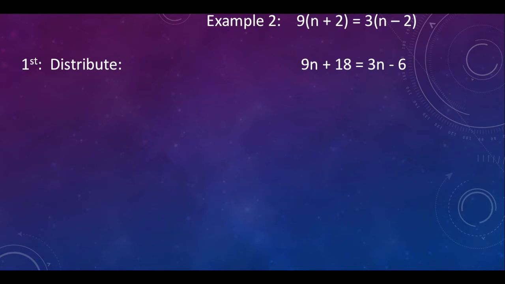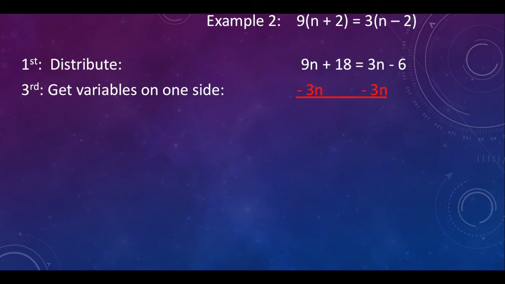And we're going to get our variables on one side. And since that 3n is smaller than the 9n, let's get rid of that one first. So the opposite of positive 3n is negative 3n. So that's why we're minusing 3 on both sides, because when we do that, 3n minus 3n is 0.